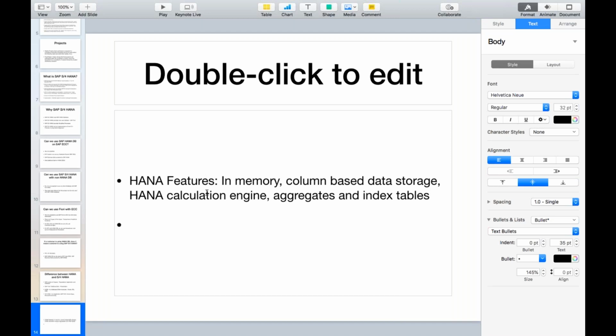So HANA is a database. We discussed yesterday, HANA is nothing but a database. Now, we don't need to understand each and everything in the database, because that will be taken care of by the proper HANA consultants who are coming from the database technical background. But what we need to know is, if someone asks you why HANA, you should be able to explain them.